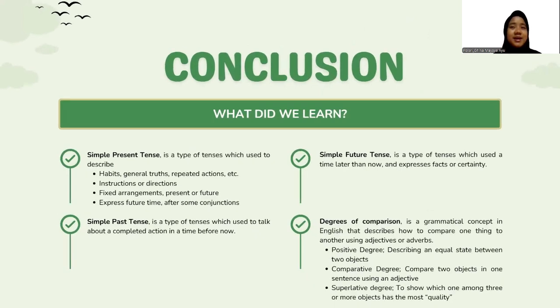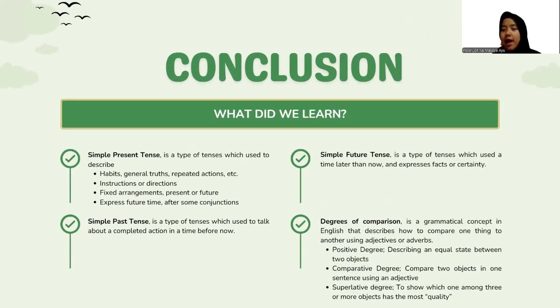So, ladies and gentlemen, we have talked about four topics, right? Do you guys still remember the things we've already discussed earlier? So, first we have talked about simple present tense, which is the type of tense to describe habits, general truth, repeated actions, etc. It can also be used for instruction, directions, fixed arrangement, and even to express future time after some conjunction.